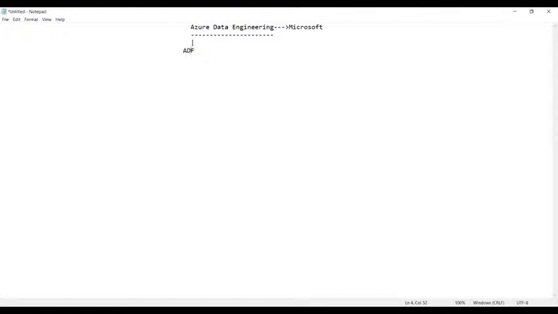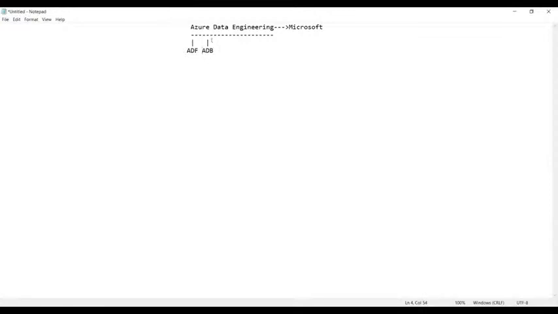Apart from this ADF, we also have the service called ADB, which stands for Azure Databricks.